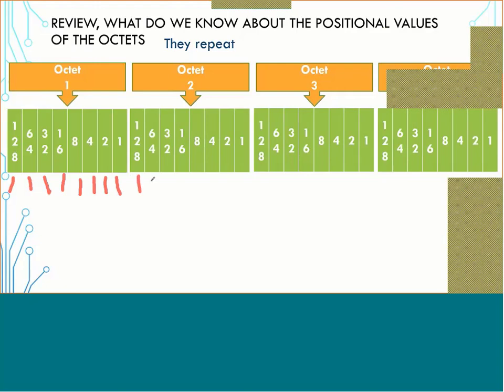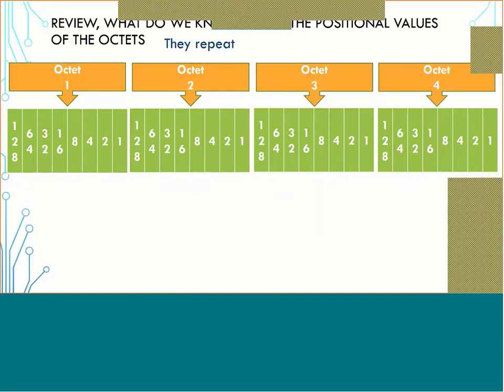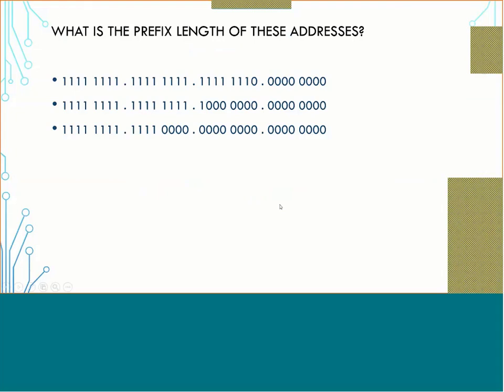Because I just add up, they repeat in each octet, right? The rest of these are all zeros. Okay, does that make sense? Yes, Andrea. Okay.